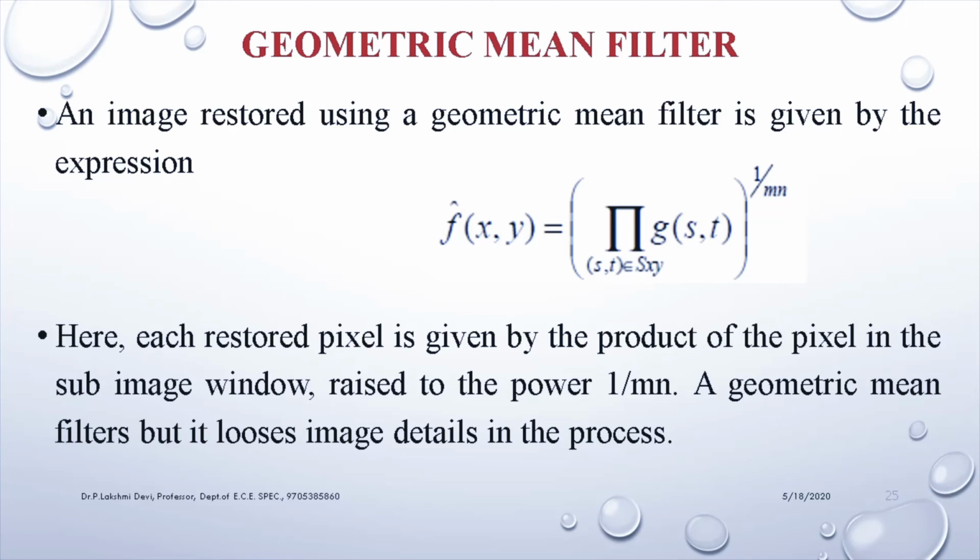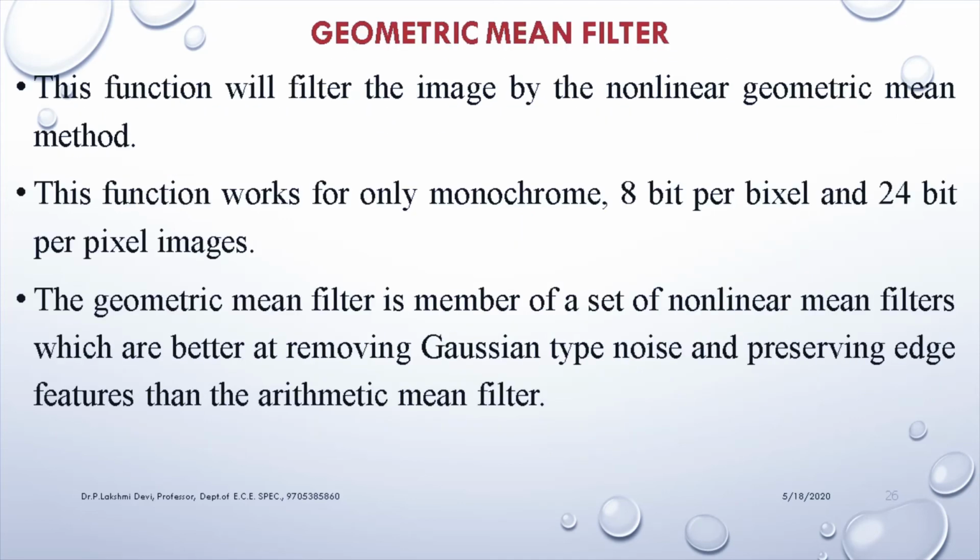The geometric mean filter loses image details in the process. The arithmetic mean filter smoothens the image, so blurriness appears, but it reduces some noise. The geometric mean filter loses more image detail than the arithmetic mean filter. This function filters the image by the nonlinear geometric mean method.